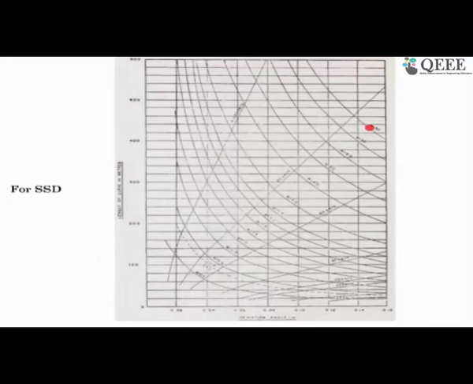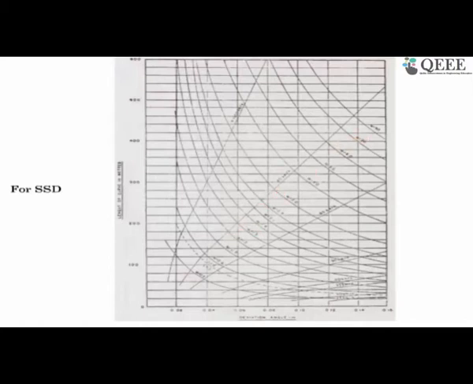IRC actually made our life simple in finding out the length of the curve. So how did they do it? Here on the x-axis there is the deviation angle, and the various vehicle speeds are in this direction, and this is the m.